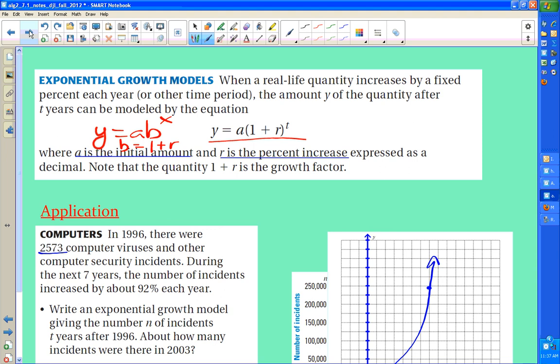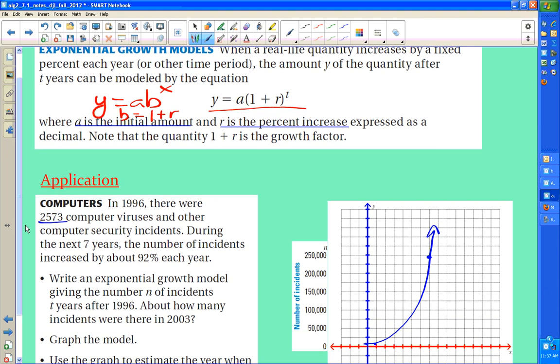Okay? So let's take a look at your exponential growth. Remember I said earlier that b, your exponential growth, is 1 plus whatever your growth rate is. The percent increase is a good way to think about that. So what is b equal to? It's 1 plus whatever your growth factor is.